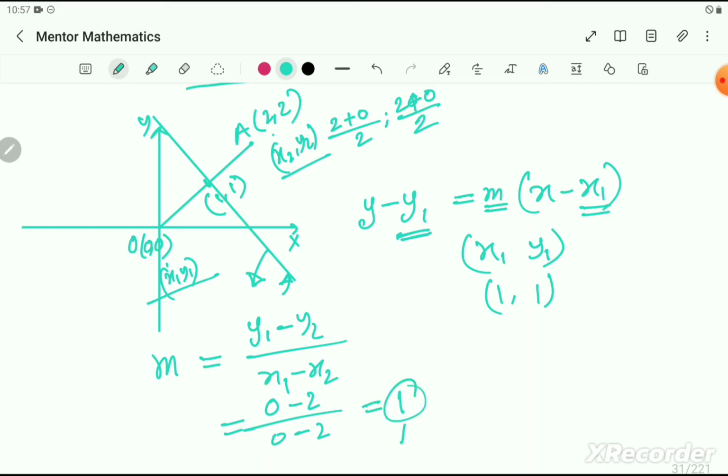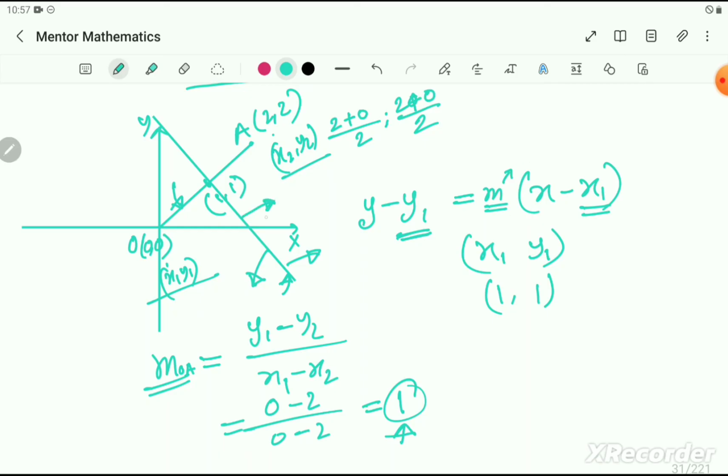So our slope is 1. This m doesn't represent the slope of this line. This slope is the slope of the OA line, and the slope we need is that of the line perpendicular to OA.